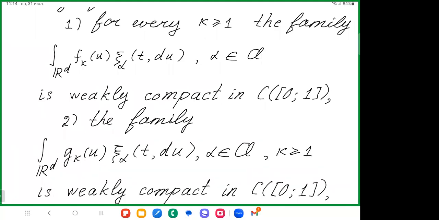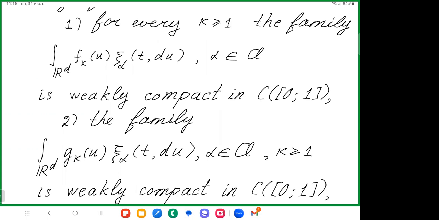This is one note, and another one is about Gaussianity. Maybe you remember a trick with the Wiener process. When we discuss the continuity of the Wiener process, it is enough to check its second moment. Why? Because Gaussian variables have higher moments which are controlled by the second moment.